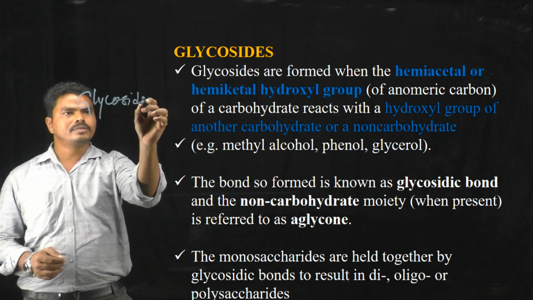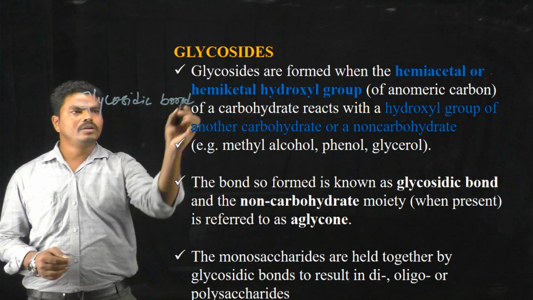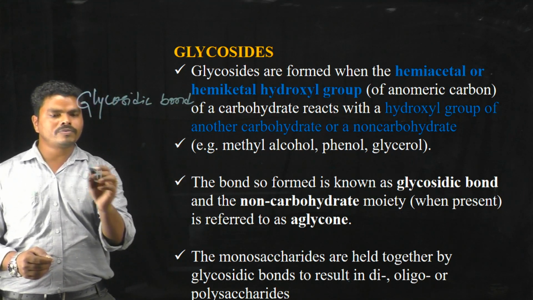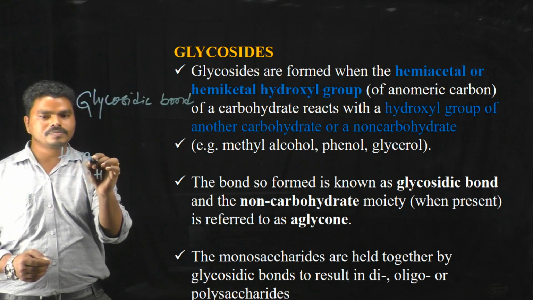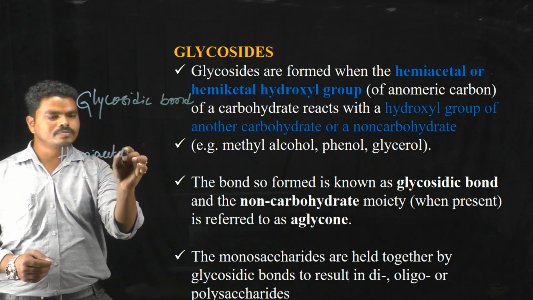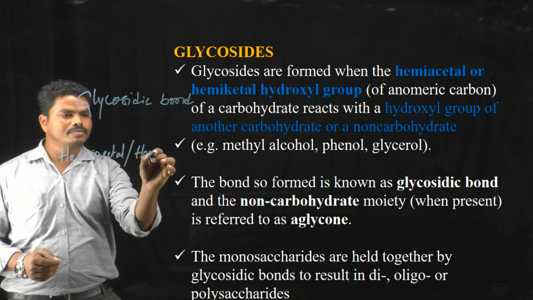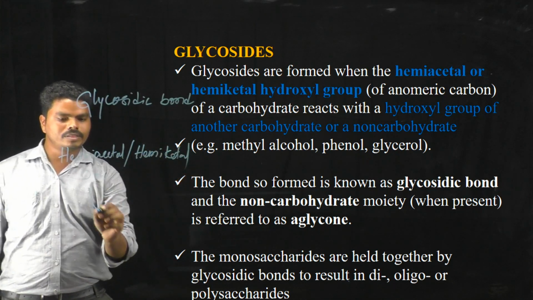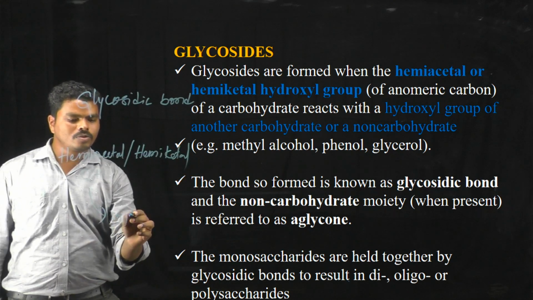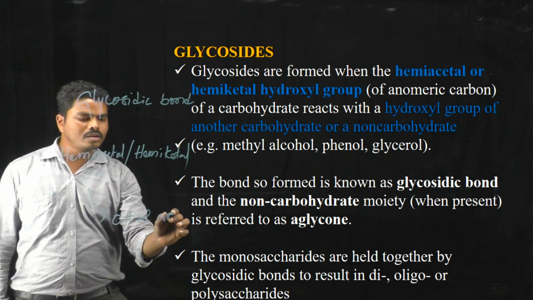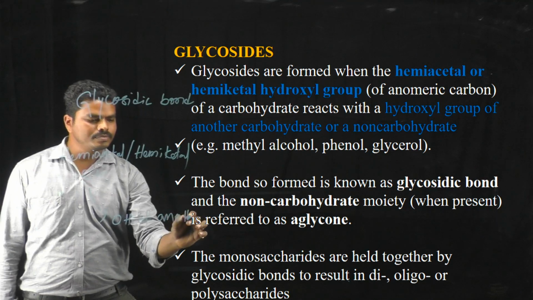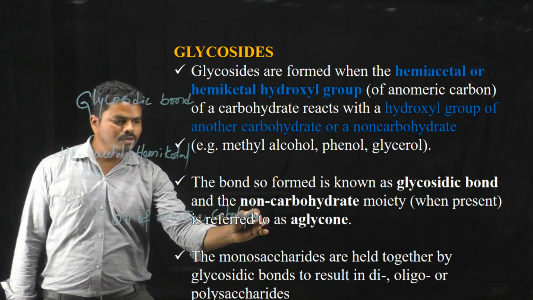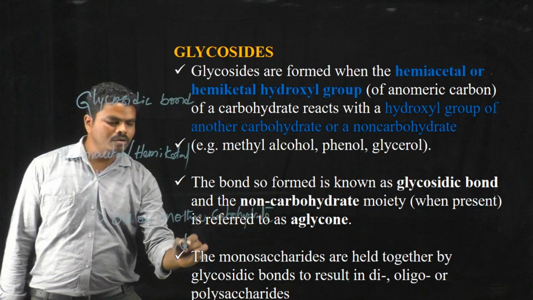This glycosidic bond is present between the hydroxyl group of either hemiacetal or hemiketal of one carbohydrate with that of the hydroxyl group of another carbohydrate or non-carbohydrate moiety.